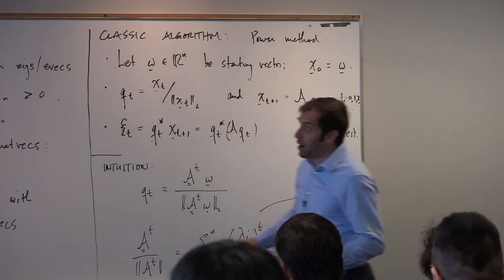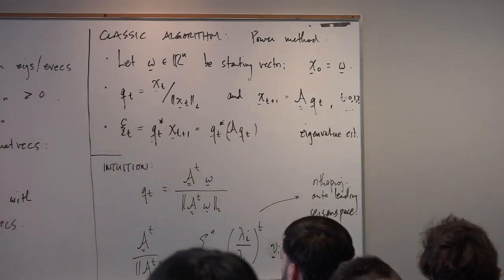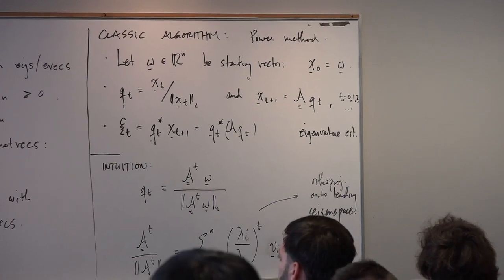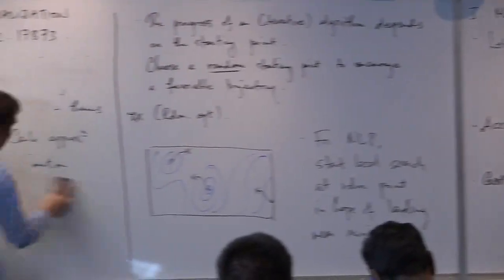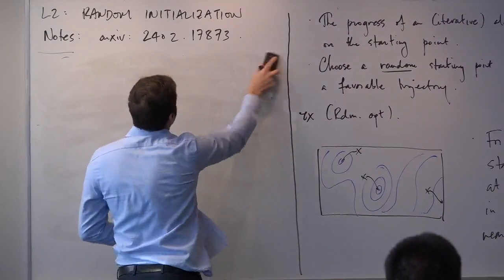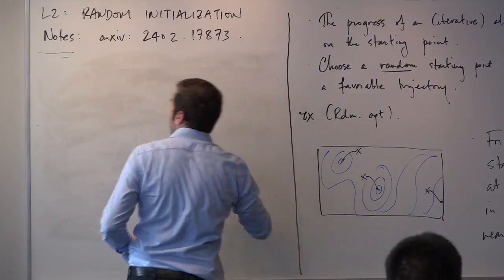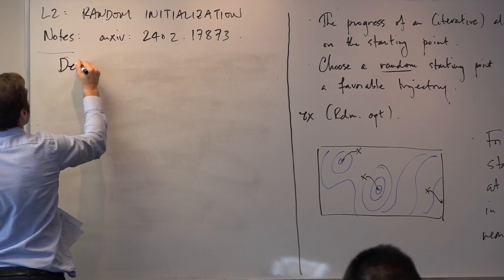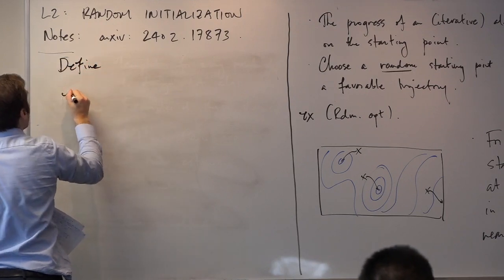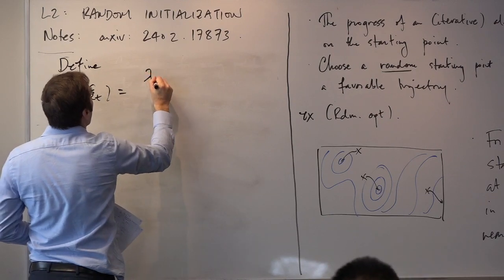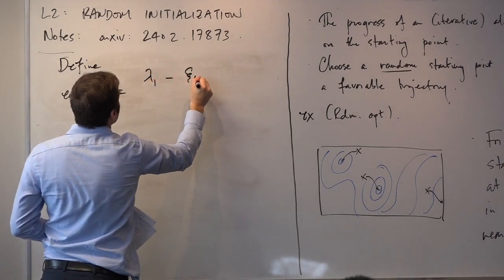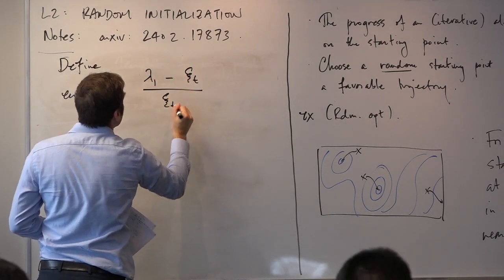Okay, right. So use the whole board today. We're going to measure the error in approximating the maximum eigenvalue in the relative sense. So we're going to define the error in CT to be lambda 1 minus CT divided by lambda 1.